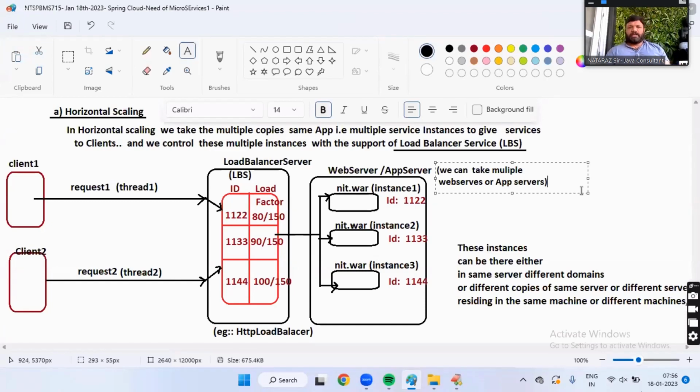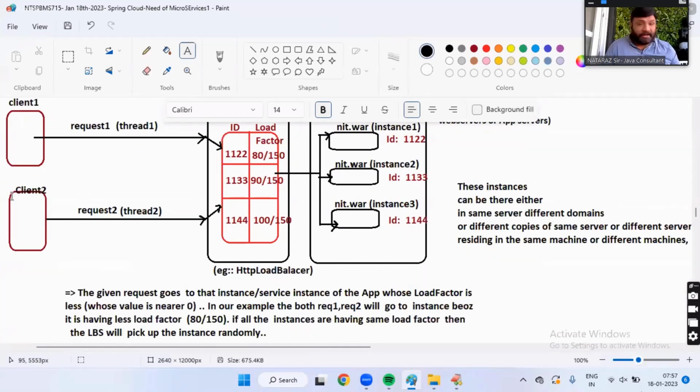Are you understanding my statement, boss? Total how many instances are there? Three instances.